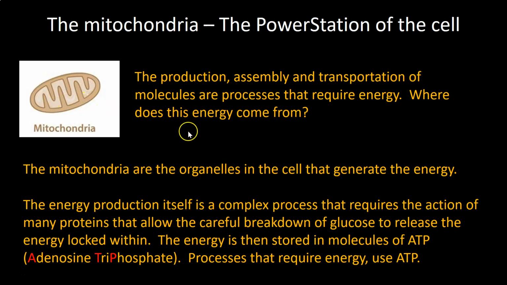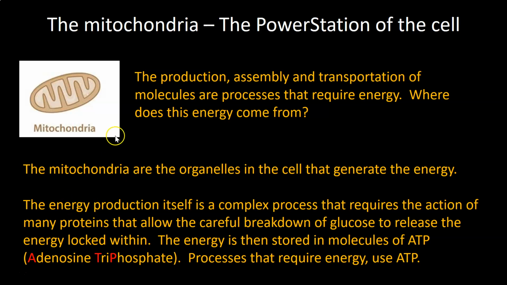It's these sugars which are broken down in the cytoplasm, and then the broken down products are sent into the mitochondria, where they're broken down further to yield the energy. Now, the energy locked away in glucose, for example, and other molecules can also be used for energy purposes, but the main nutrient we use for energy purposes is sugars, carbohydrates, glucose, for example.